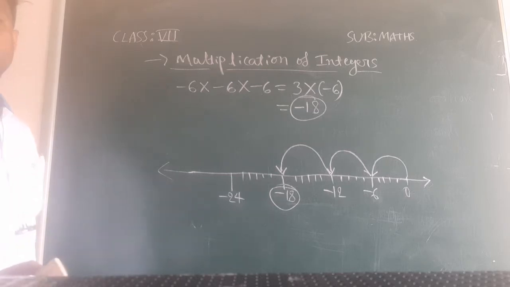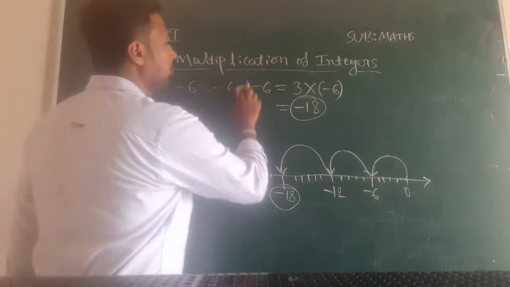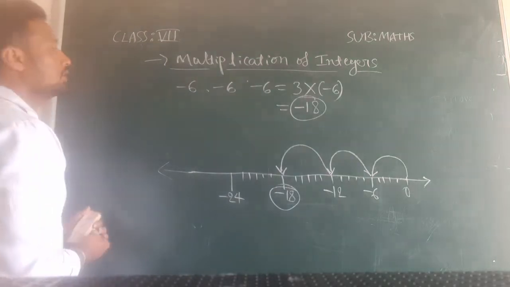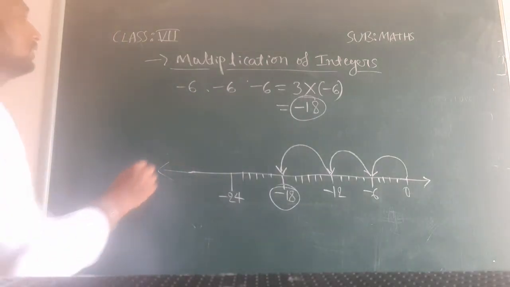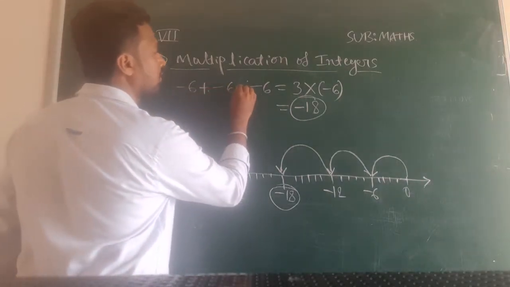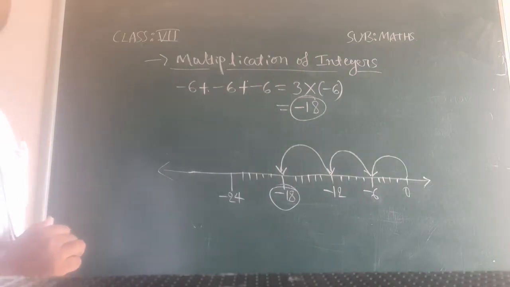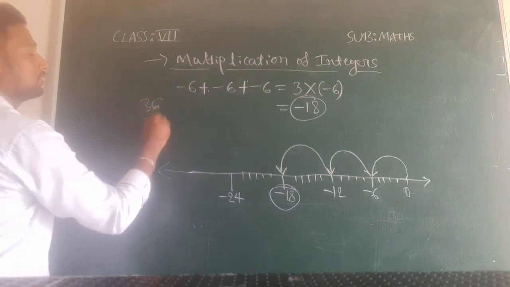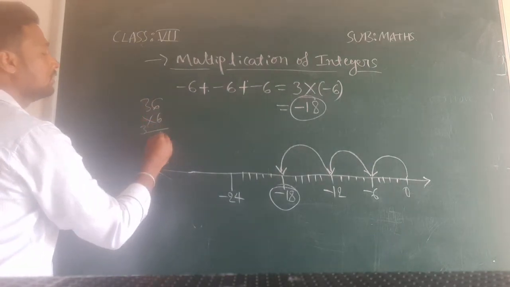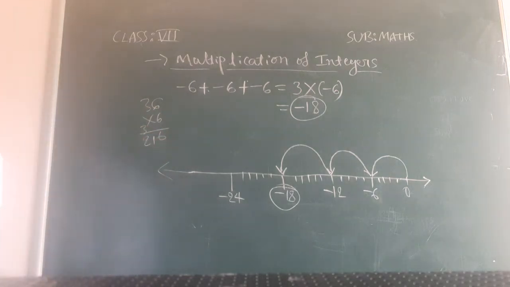Sorry, I made one mistake here. Here I will not consider multiplication. Multiplication is nothing but repeated addition, so here we will consider plus. If you multiply, 6 into 6 is 36, 36 and 6 is 216 we will get.